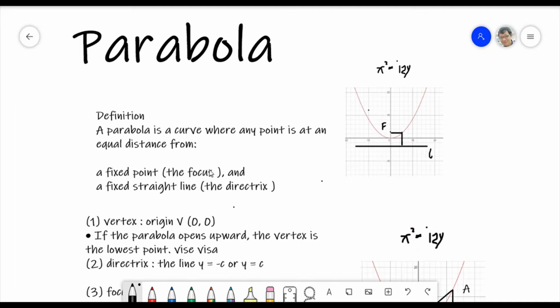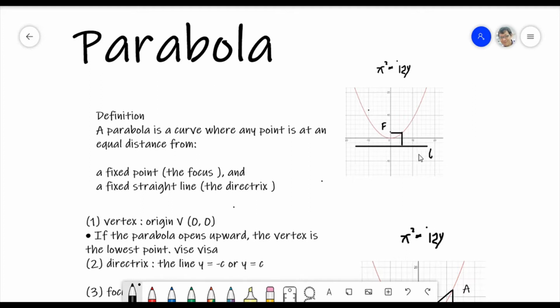We call it the focus. The focus is one point, and the fixed straight line, this straight line we call the directrix. So if this is a point, the distance from this point to the focus is the same as the distance from this point to the line. The line we call the directrix.